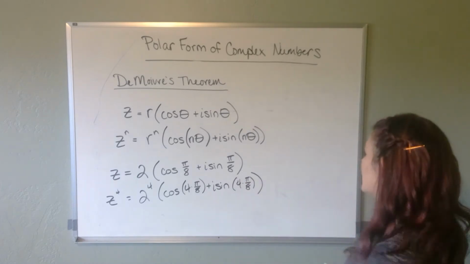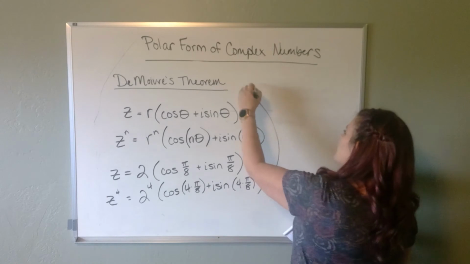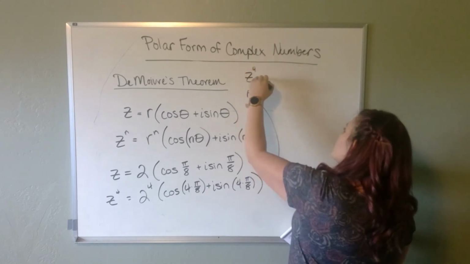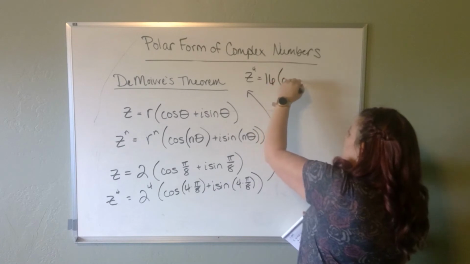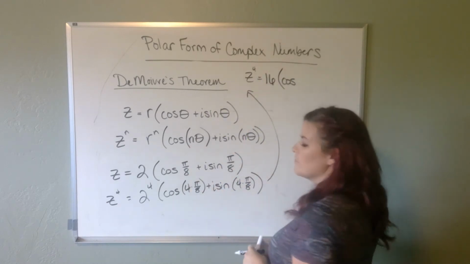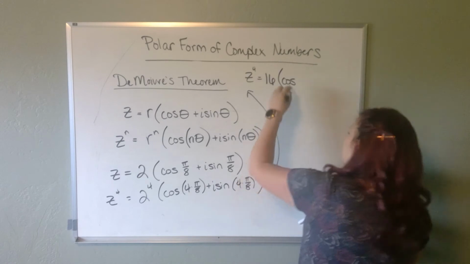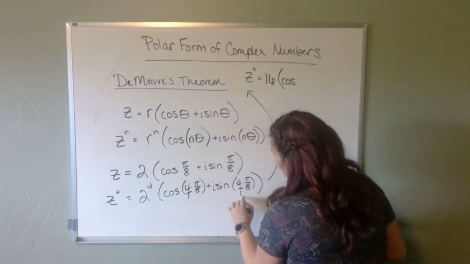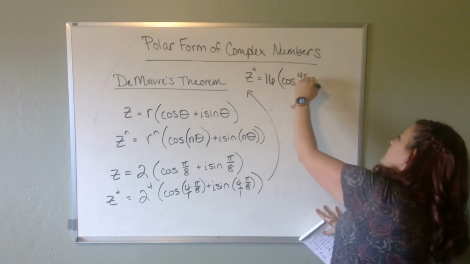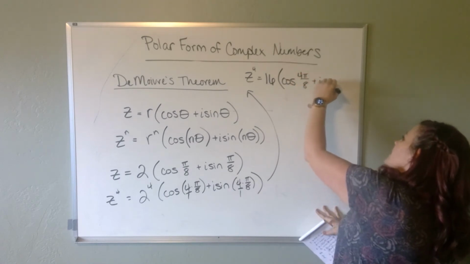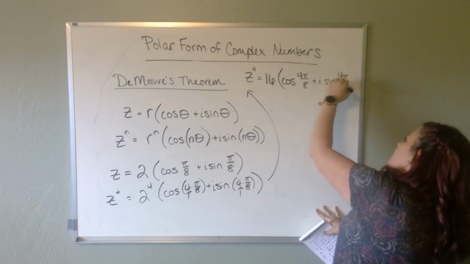And then let's work this out. So I'm going to put it up here. So z to the 4th, well, 2 to the 4th is 16. So I get 16 times the cosine of 4 pi over 8. So remember, this is 4 over 1. So 4 pi on top, 8 on the bottom, plus i sine 4 pi over 8.